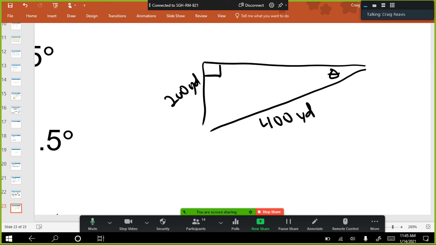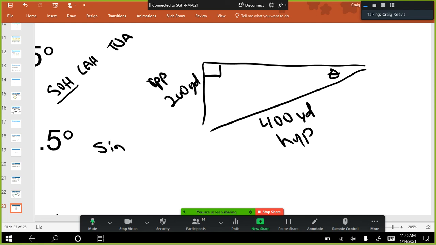All right, how can I find my theta there? Well, here's theta. I'm given what? Opposite and hypotenuse. Now, which one of these in SOHCAHTOA compares opposite and hypotenuse? Sine. So we know the sine of theta, that angle, is going to be the opposite, which is 200, over 400, right?